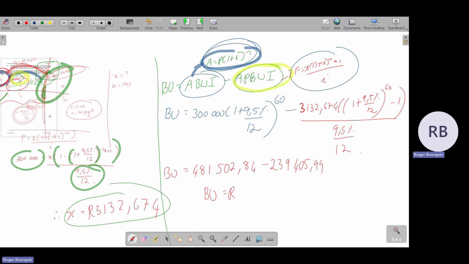Yeah, that's right, I got it as well. 242,096.85. Probably rounded some. No, your money is always two decimal places. I probably rounded some because I got 7. It doesn't matter, they're not going to penalize you for that. I got that in 8. She's able to pay with 5 cents, and I'm rounding off.